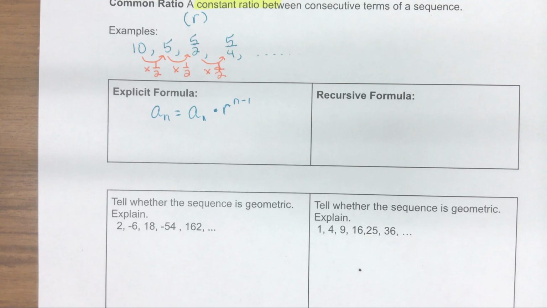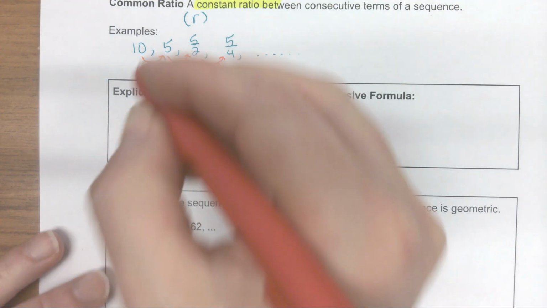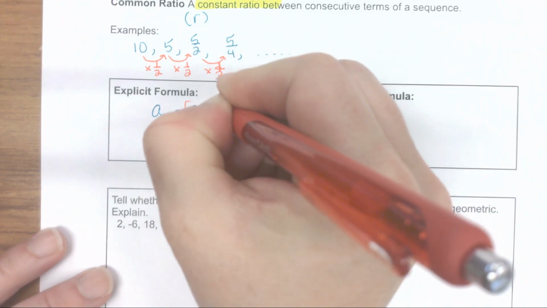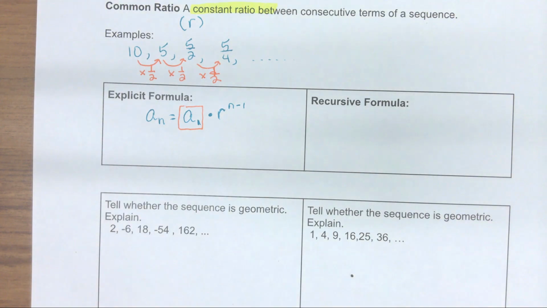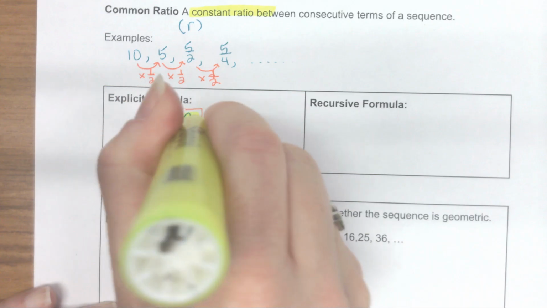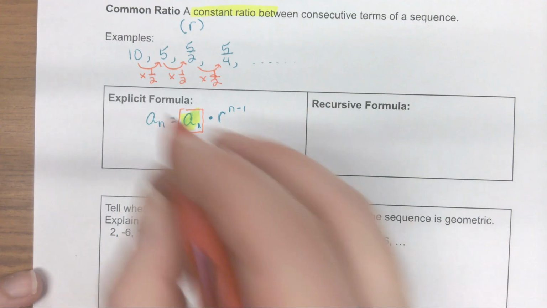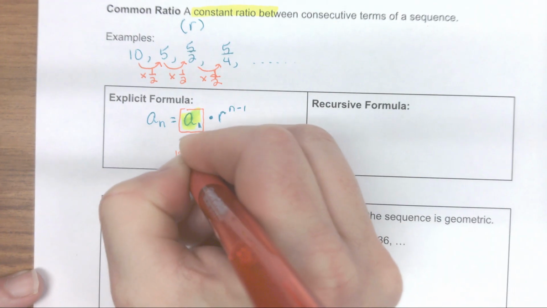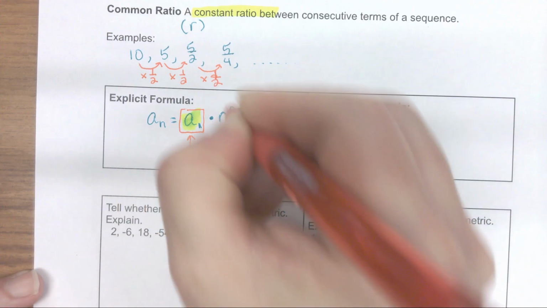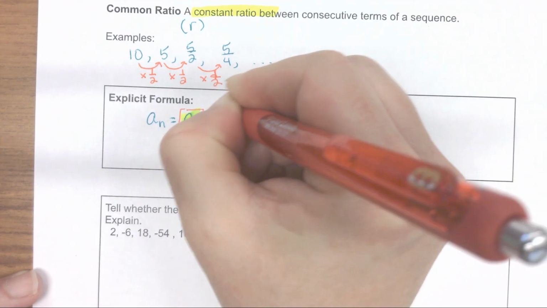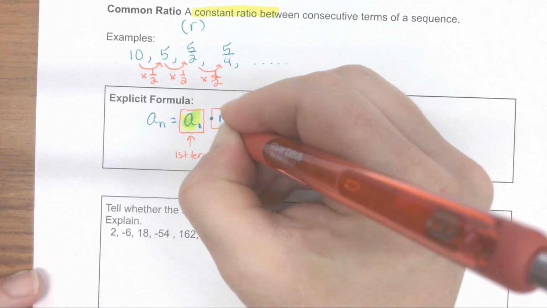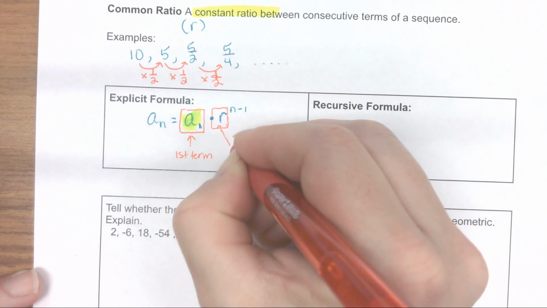The things that you're actually going to put in are, you're going to put in a sub 1. What are we going to put in there? Yep, a sub 1 is the first term. And the other thing you're going to put in here is R. And R is that common ratio.